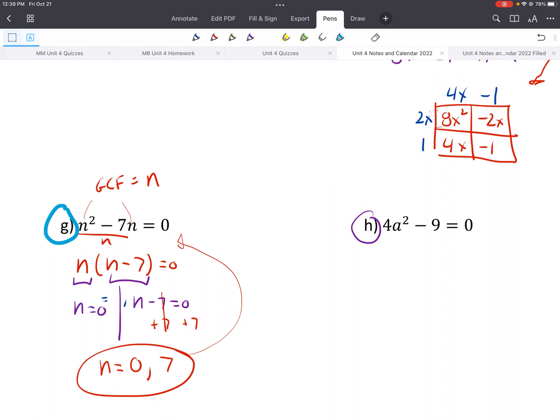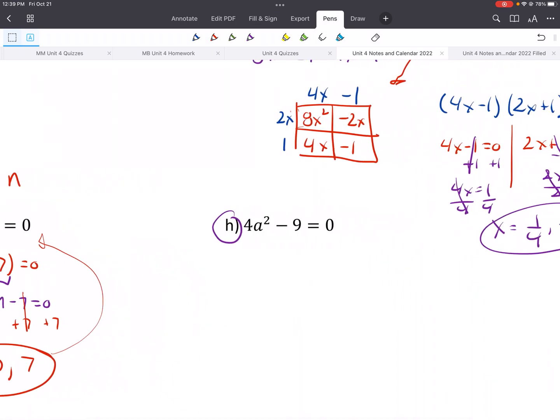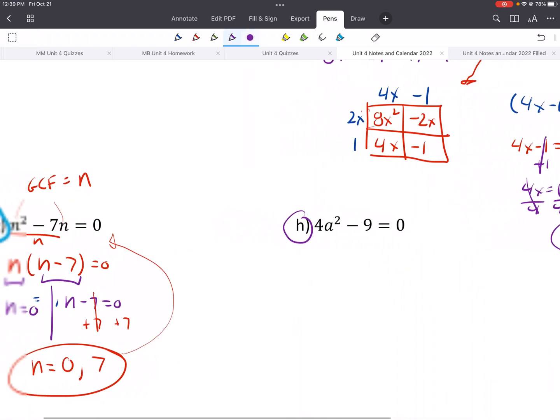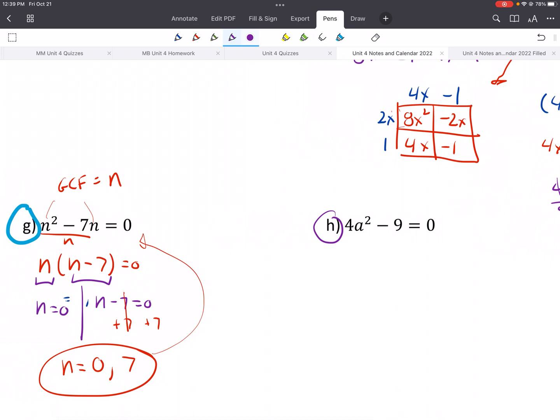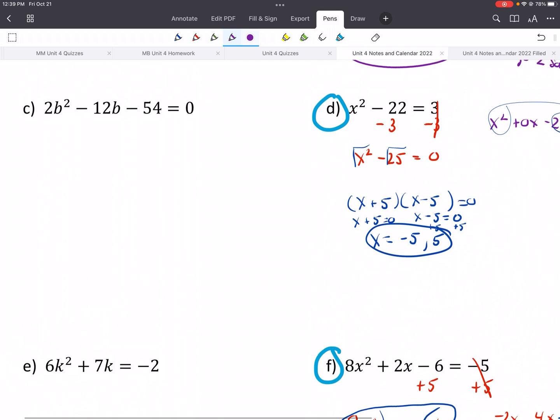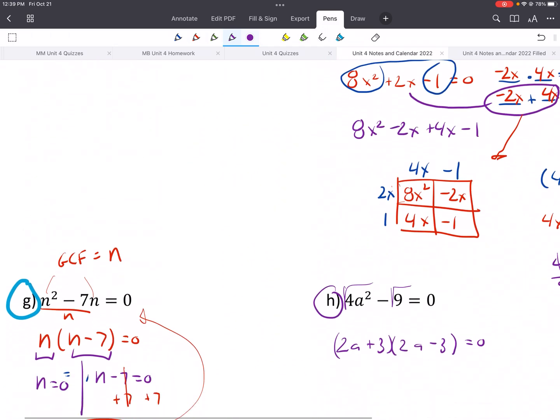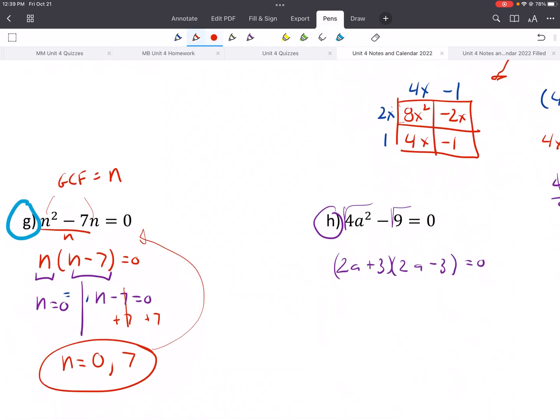Alright, and then last one, everything's on the one side, okay, and this is a difference of squares. So we could do square root gives us 2a plus 3 and 2a minus 3 equals 0. Okay, so this is really a lot like D. Okay, but here we definitely need to set it equal to 0.